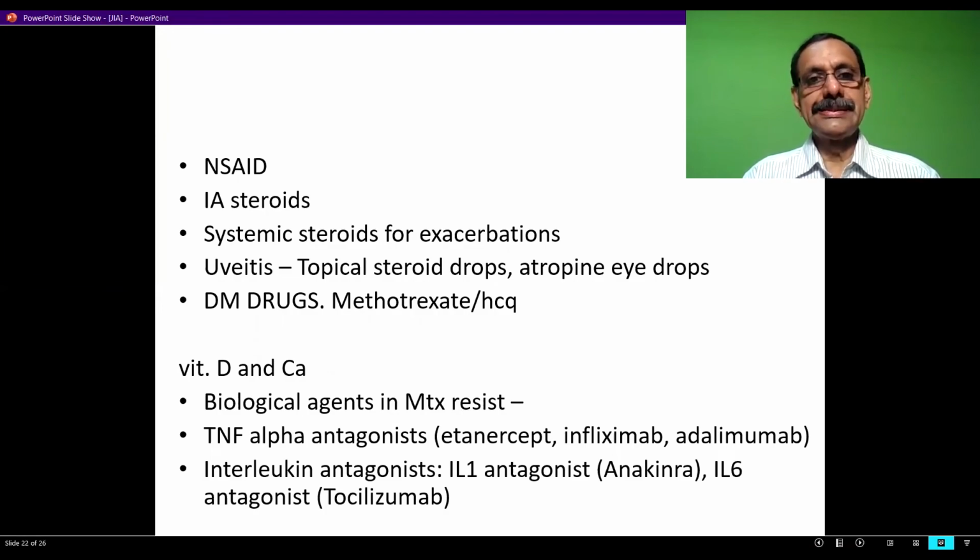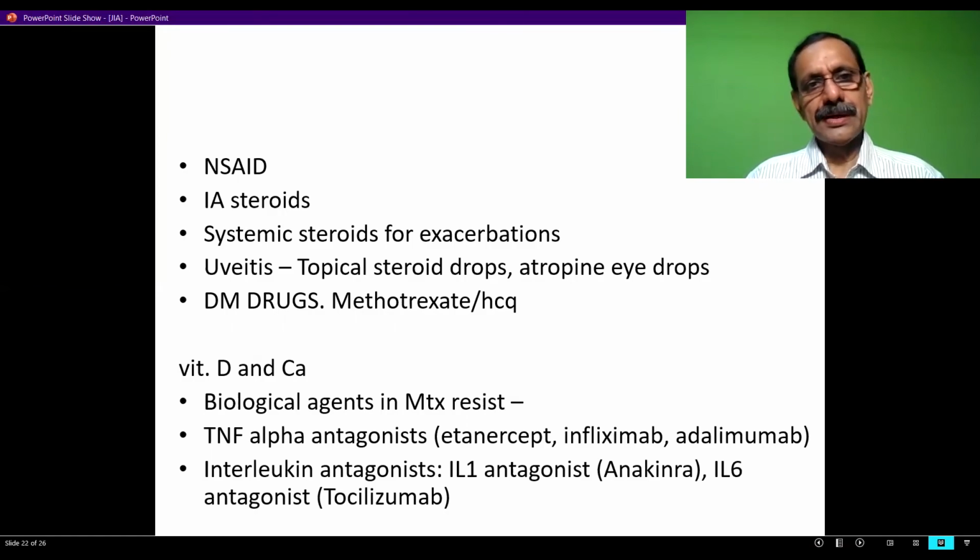Then the so-called disease-modifying drugs, because non-steroidal anti-inflammatory drugs will reduce the inflammation and reduce the pain, but the disease process is not affected. So disease-modifying drugs are methotrexate and hydroxychloroquine, the two things that are commonly used. That is a very slow-acting drug. So you always need a non-steroidal anti-inflammatory drug or sometimes steroid.